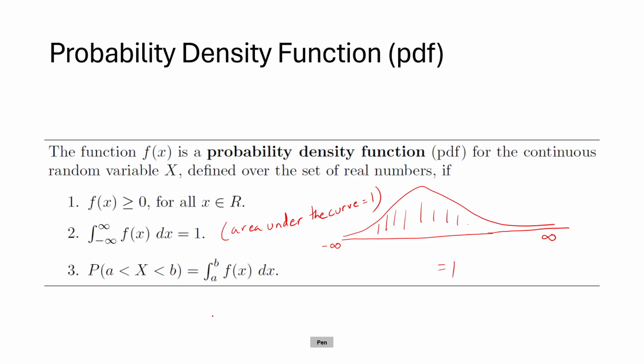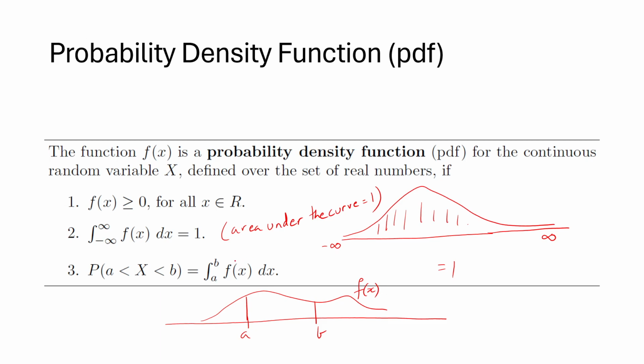If your curve is something like this, if this is your graph of f of x, your probability from a to b, if your x value lies between a and b, is given by integration.